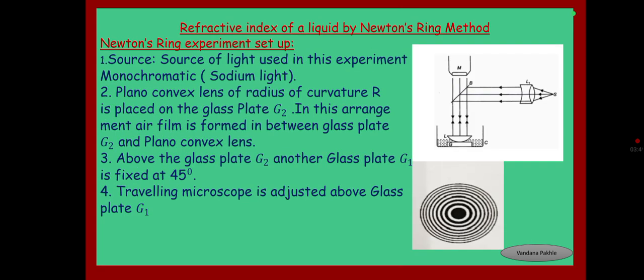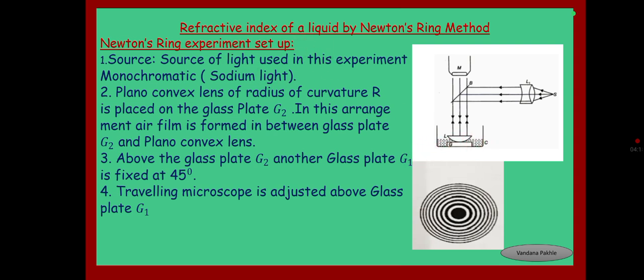The second part is the refractive index of a liquid by Newton's rings method. Students, the same setup is used for measuring the refractive index of a liquid. The difference is that one beaker is used, and that beaker is filled with the liquid for which we have to find the refractive index.